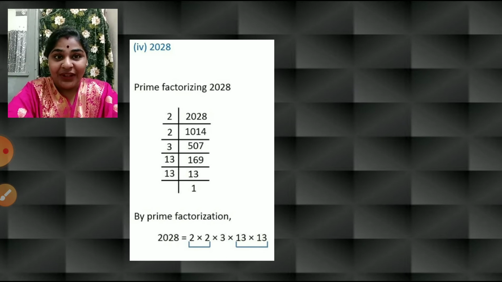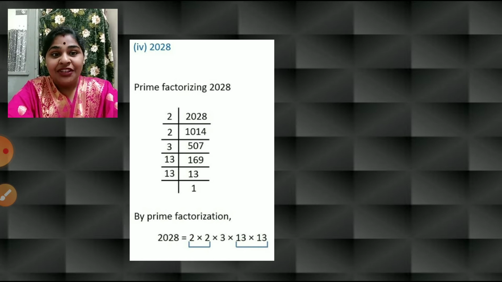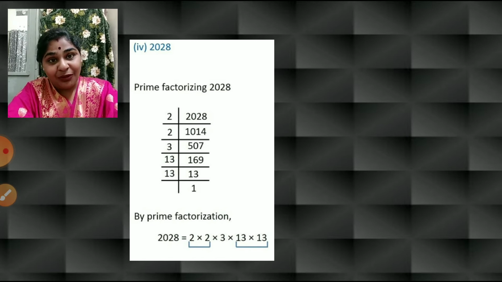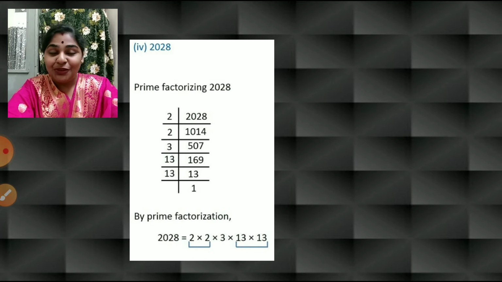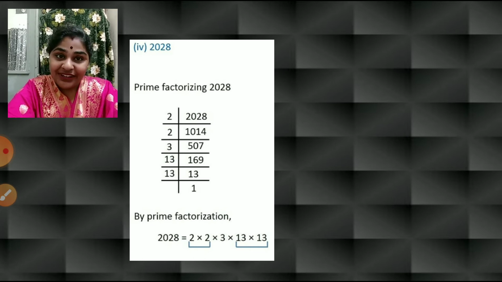Let us see the next one, the fourth one. 2028, children. Again, after factorizing, we got 2 into 2 into 3 into 13 into 13. So when we pair the same numbers, you can see 3 is left alone. So yes, 3 is the smallest number which should be multiplied to the given number to get a perfect square.